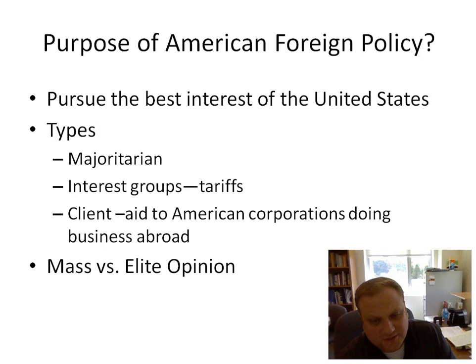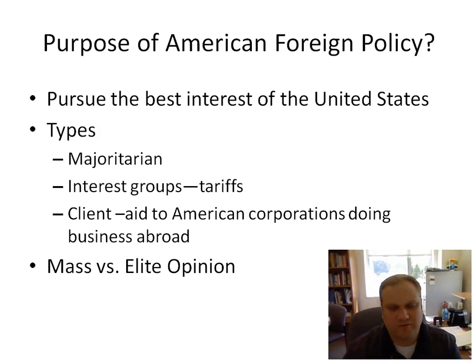So, what we'll see is actually a lot of foreign policy is very shaped by domestic policy, domestic concerns, and domestic politics. And so, as your book notes, and we'll review here, you have three types of politics that influence American foreign policy. And the first is what we call majoritarian politics.